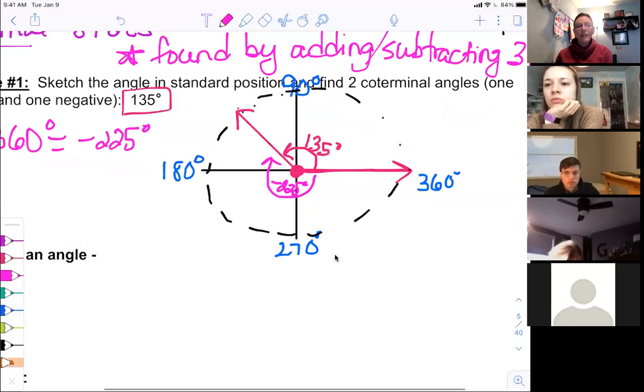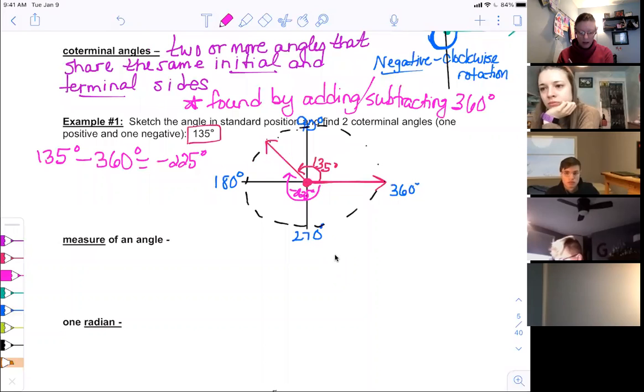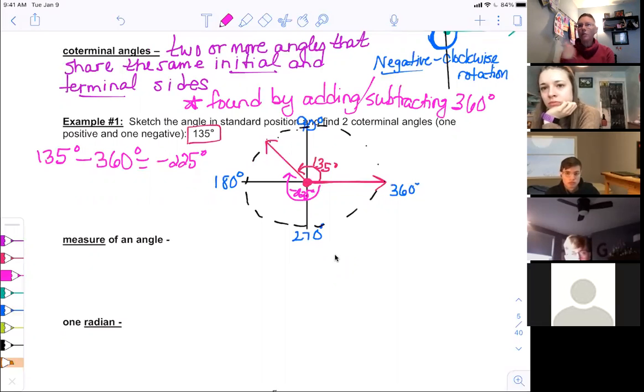But it wants us to find another angle. Well, I mean, look, I got two angles drawn, but I still have to find another one. And that other angle is going to be found by rotating the whole way around the circle. So you can spin and rotate and get dizzy a whole bunch of times. I could keep spinning around the circle, around and around and around. An angle doesn't stop at 360 degrees.